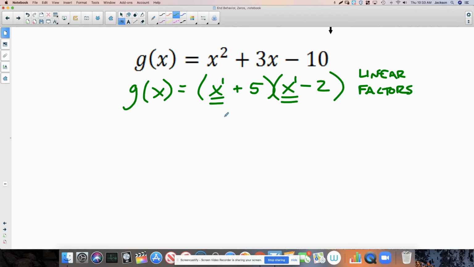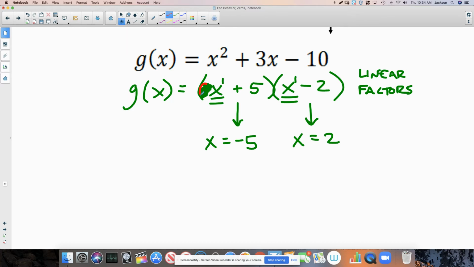Okay, now what we ended up with from these linear factors were our zeros, right? And when you have a linear factor where there is no leading coefficient in this space, the zero that we get from that linear factor is the opposite of this number. And again, this only applies if there's no leading coefficient.